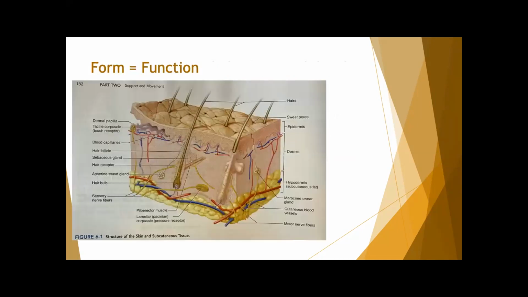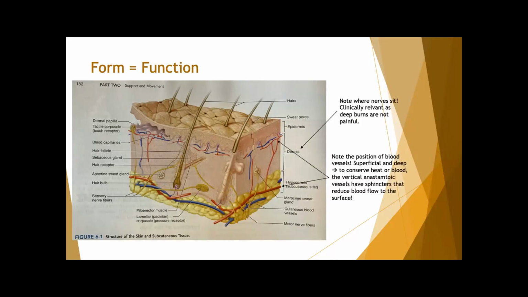One of the concepts that I found really useful when thinking through this case is knowing that form equals function. So here's a slide of the gross anatomy of the skin, but I'm not going to go through every label here. The things I want to point out is that you should know where the nerves and structures sit. This is important clinically for burns, especially in terms of burns that are painful versus non-painful burns.